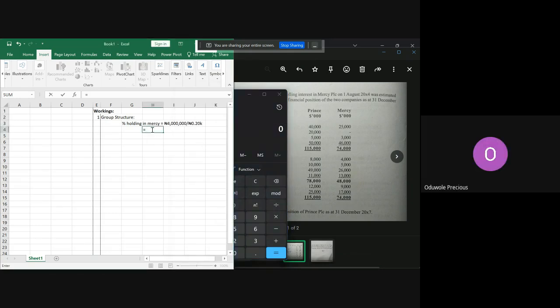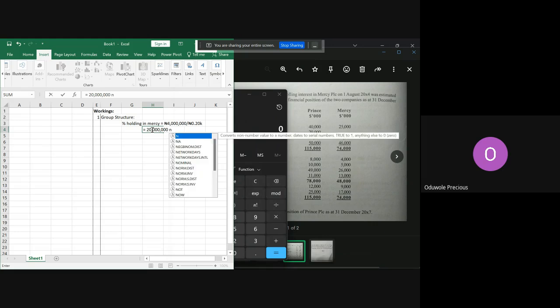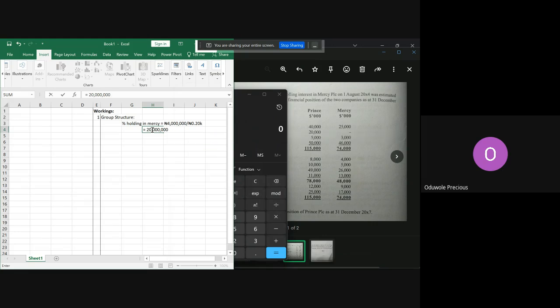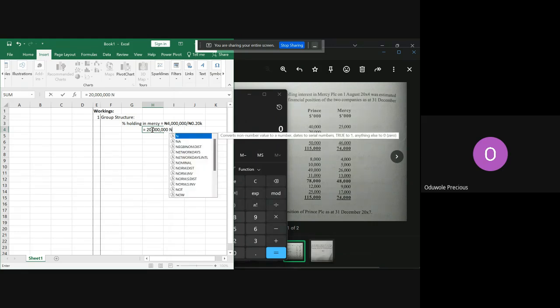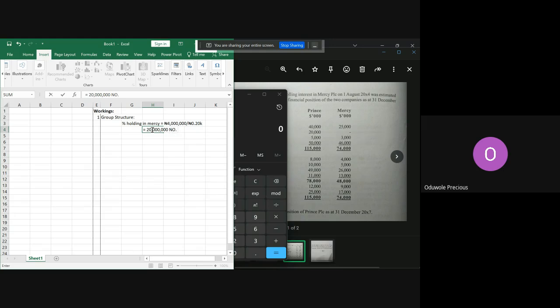Yes. So we have 20 million, the number of shares.